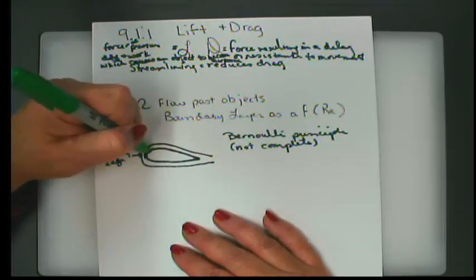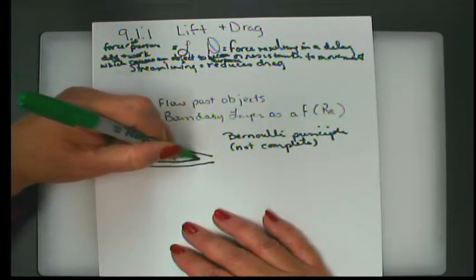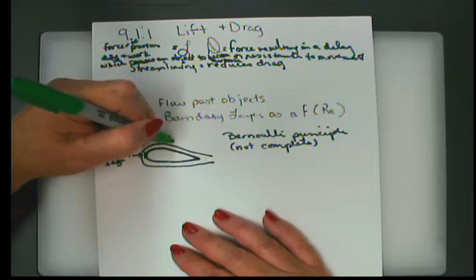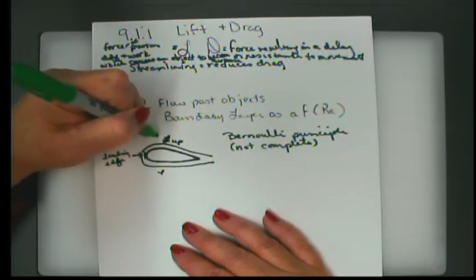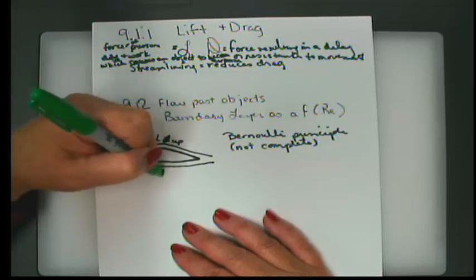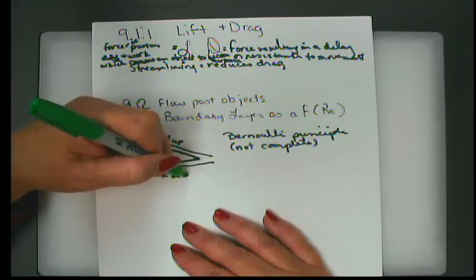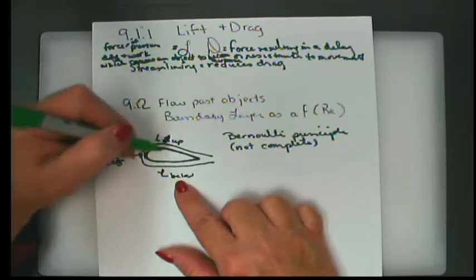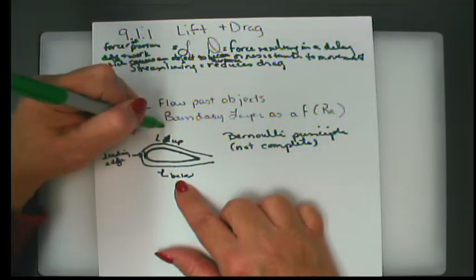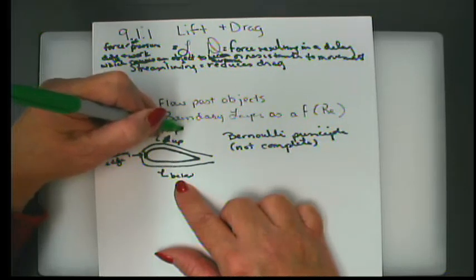So that if the path that the air has to take above, I don't mean lift, I mean length up above, and the length below, if the length above is greater than the length below, what that does is creates a lower pressure on the top than on the bottom.